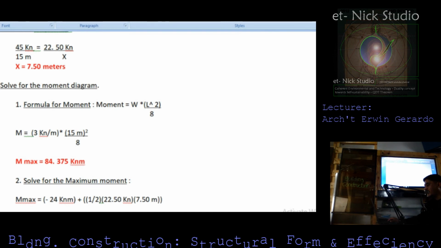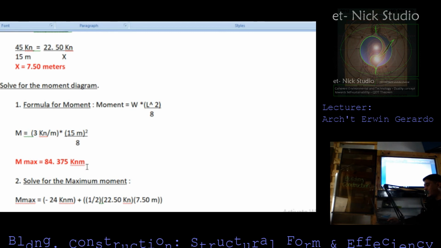Now solve for the moment diagram. The formula for the moment diagram is equivalent to W times L raised to 2 divided by 8. So here the load is 3 kilonewton times 15 meters, because this formula is for a simply supported beam.